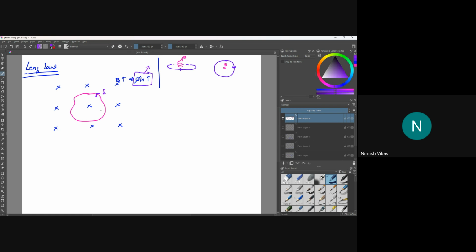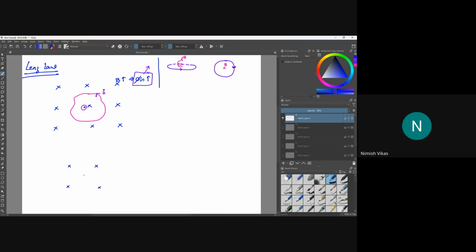This anti-clockwise current will produce a magnetic field outwards, which will oppose the flux that is increasing inwards. Okay, that's it. So let me show you some examples.